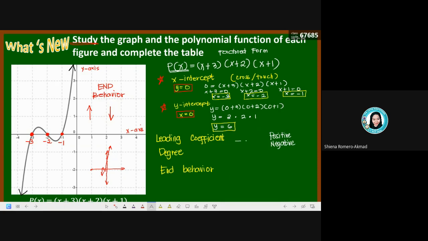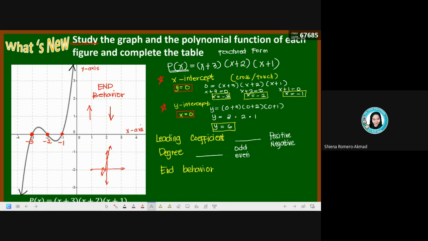Okay? While in the degree, we have to identify if the degree is odd or even.